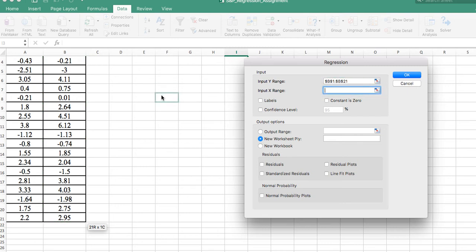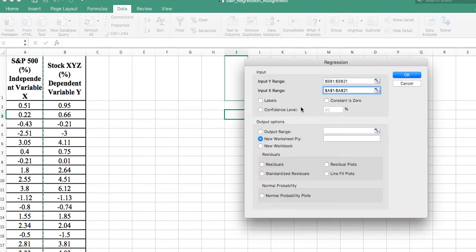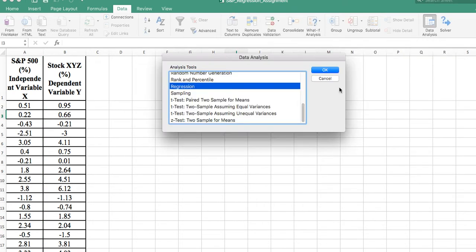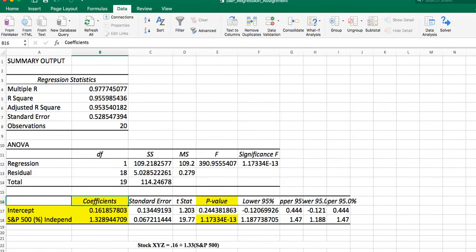Then I will look at the range for my independent variable, and make sure we always use those labels. Then we'd come over here and say okay, and we'd come up with our results.